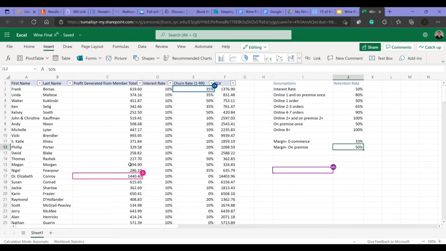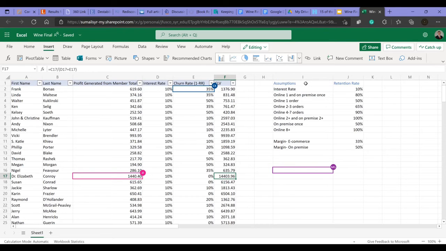Add both of those figures together, and that's what you would get. So for Dr. Elizabeth Conroy, for example, it's 1,440. And we gave everyone an interest rate of 10%, and then multiplying by her respective churn rate, you get to 14,000.